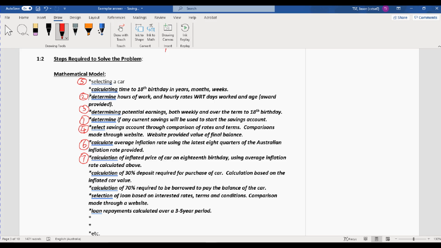Then we calculate the 30% deposit required to purchase the car. Then we calculate the 70% borrowed. Then you select a loan based on interest rate, term and condition comparison made through the website. That's 10. Loan payment calculated over, that's 11. We did that for a 3-year period, so you just write 3 years period. Is that okay?